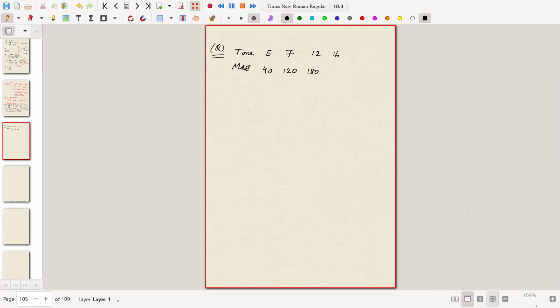That means if water is there, the weight has increased. So this is the distribution of that. At 5 seconds your mass is say 40. It is an extraordinary salt. Then 180 at 16.